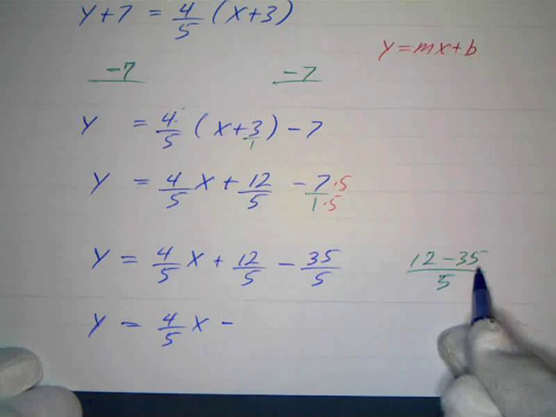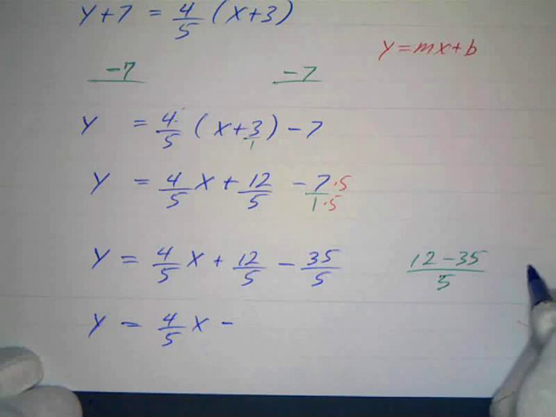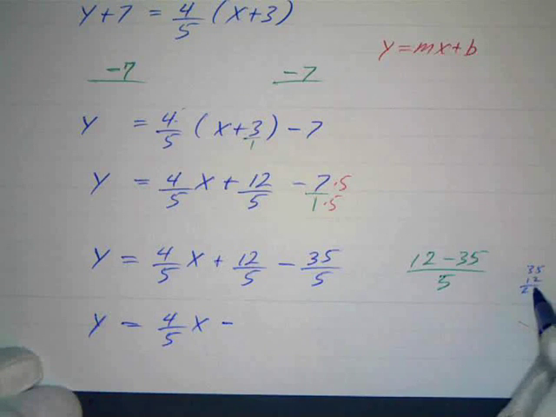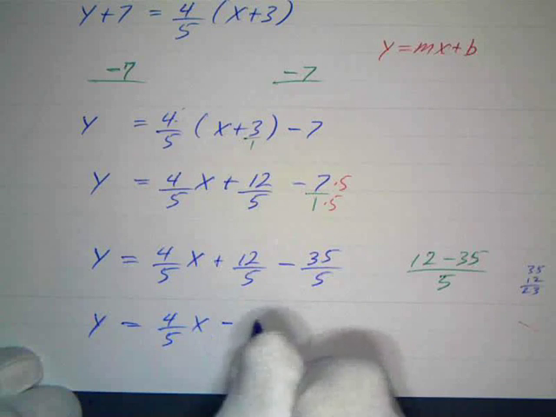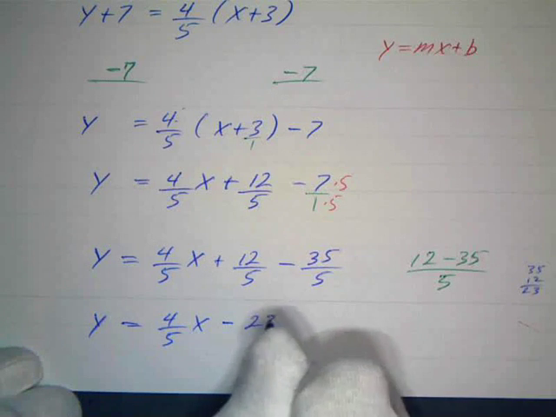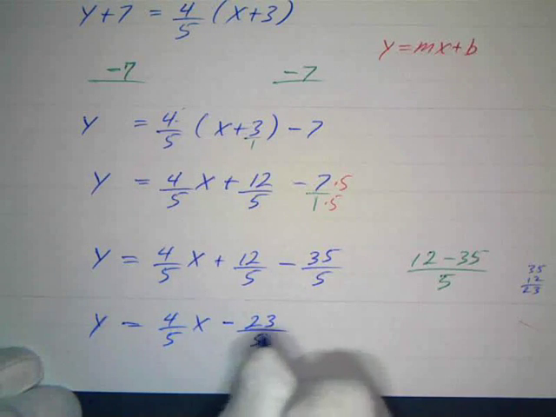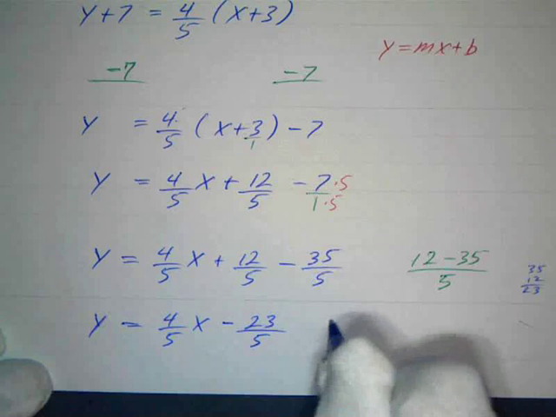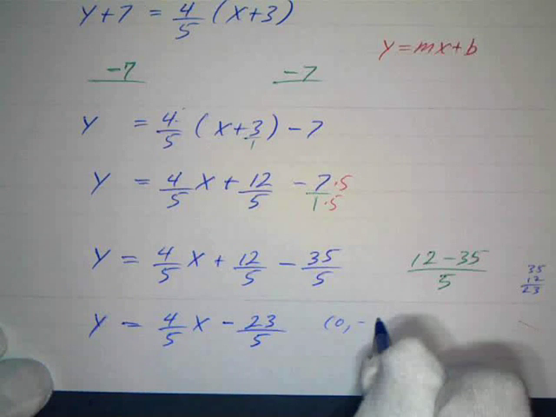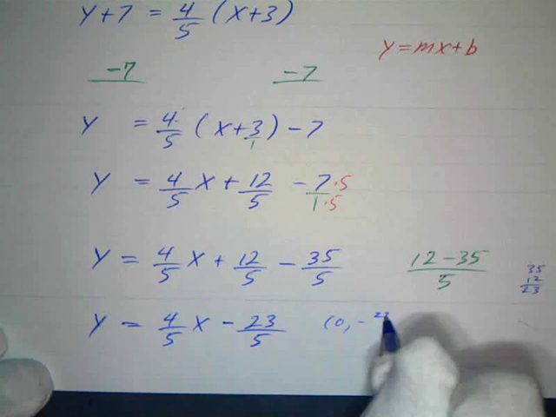If the signs are different, we take the difference, and the difference between 35 and 12 is 23 over 5. So that's going to be minus 23 over 5. And there's your equation in slope-intercept form. It actually goes through the point 0, negative 23/5.